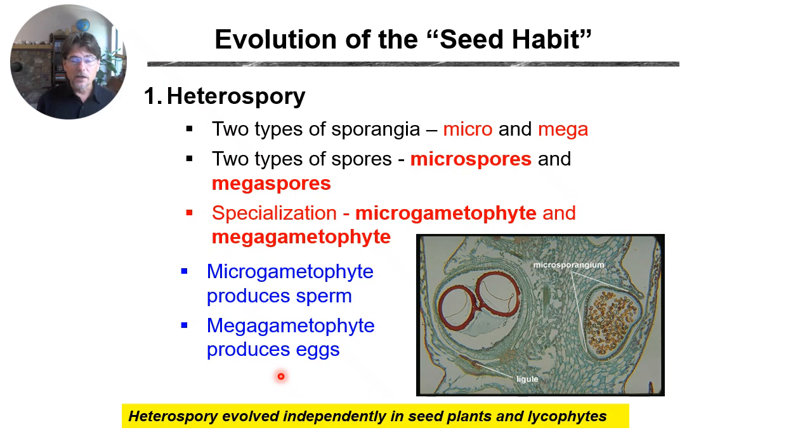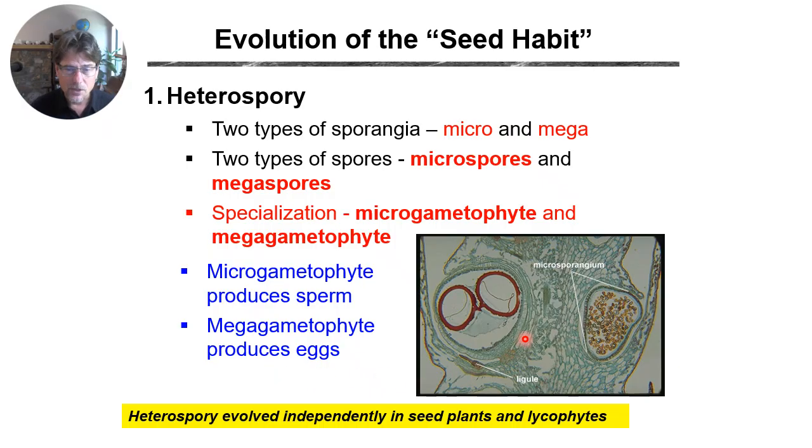So heterospory, as we have already seen, actually occurred in the seedless plants. There are some seedless vascular plants, in particular in the lycophytes. Recall there's a plant that was reviewed known as Selaginella, and that's a classic example of a lycophyte, again a seedless plant, that makes these two separate types of sporangia and gametophytes.